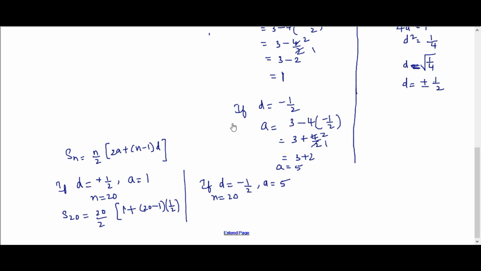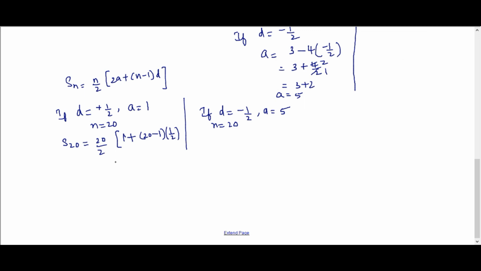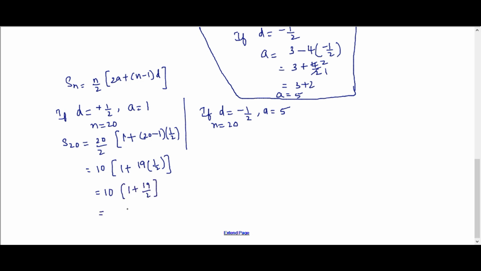Okay, so I will start solving. This will become 10 bracket 1 plus 20 minus 1 is 19 times 1 by 2, which will become 10 times 1 plus 19 by 2, which will be 10 bracket, 2 is the LCM, so 2 plus 19, and then it will become 10 times 21 by 2.